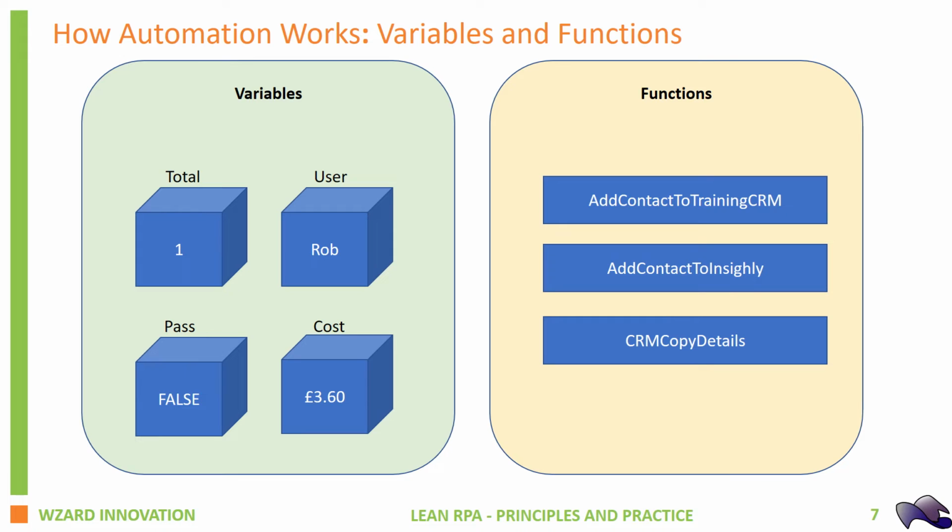So when we get to the function add a contact to training CRM, we know exactly what those lines of code are doing. It simplifies the reading of code, and it allows us to create modules that we can perhaps reuse later on. The add contact to training CRM function, for example, could be used in 2 or 3 different automations, and we only need to develop it once. So functions are a powerful way of making code simpler to read and easier to reuse.